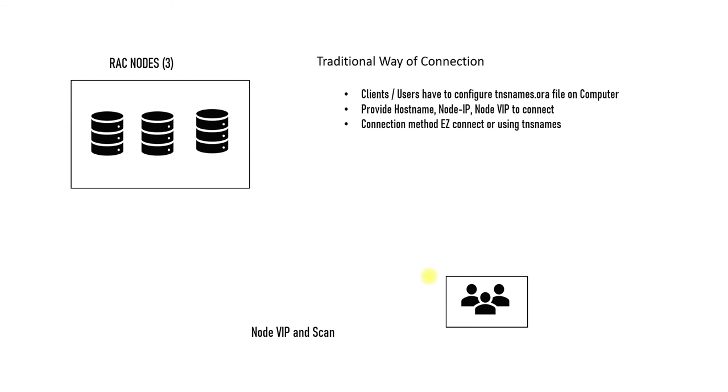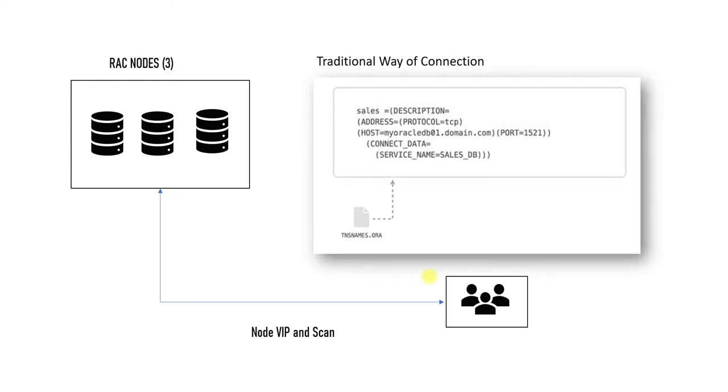It is kind of the bells and whistles of the Oracle database and its connectivity, the way to connect to the database. So this is how clients used to connect to the RAC nodes, and this is what the tnsnames.ora file looks like on the client computer. Hope everyone knows about the tnsnames.ora file.